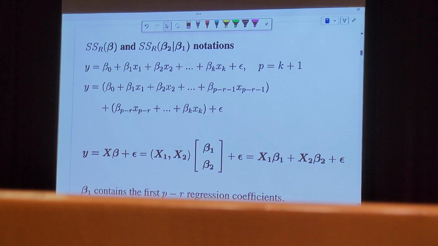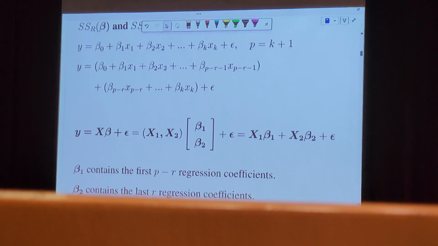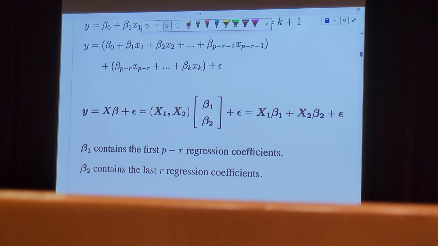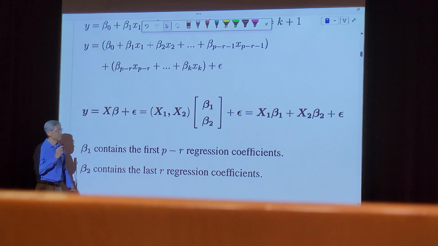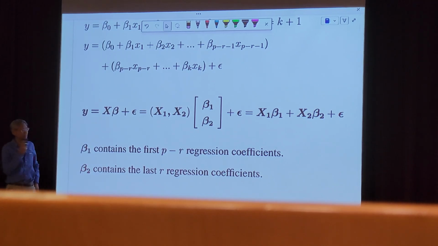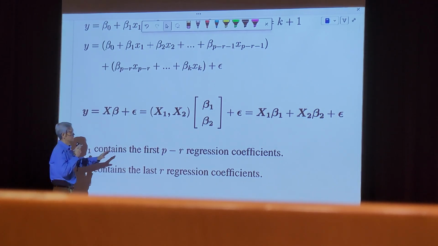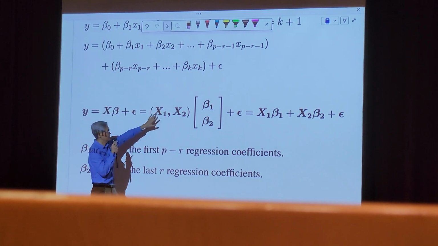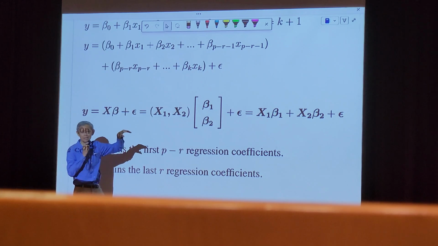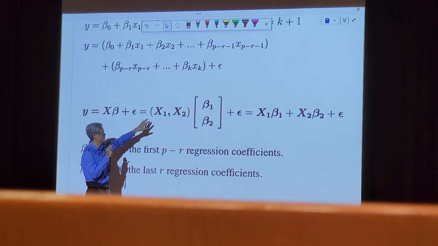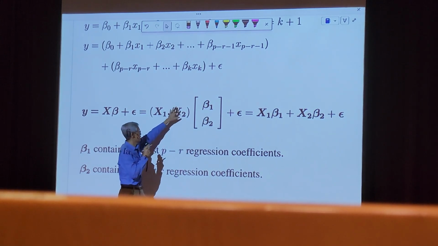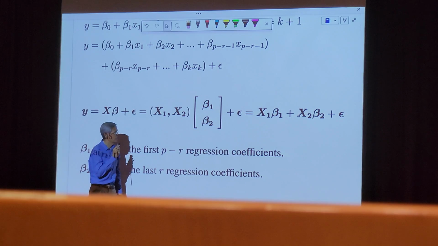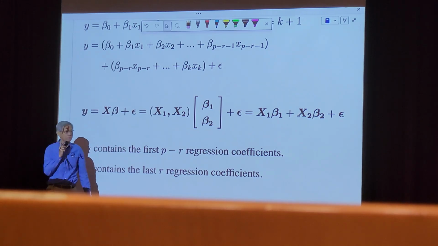So in matrix notation, I can write this. Originally it's just X beta, but I'm writing it as X1. So the X1 are the regressor values corresponding to beta 1. X2 are the regressor values corresponding to beta 2.